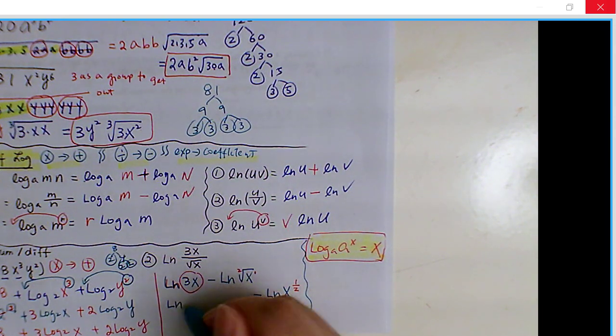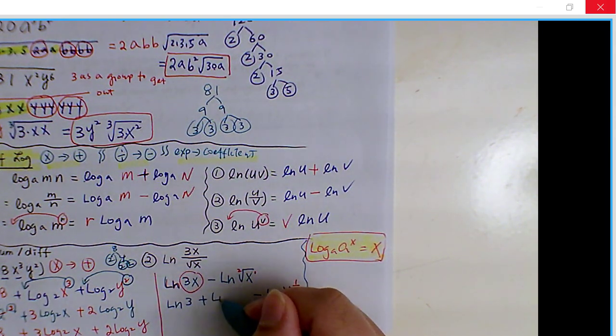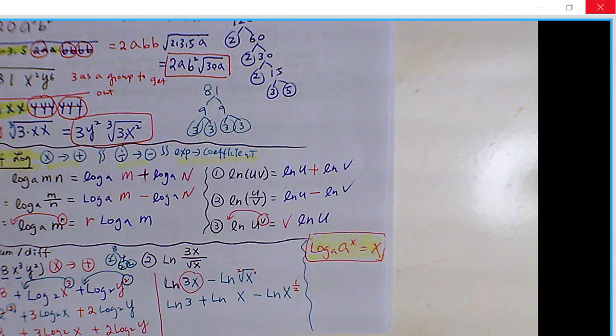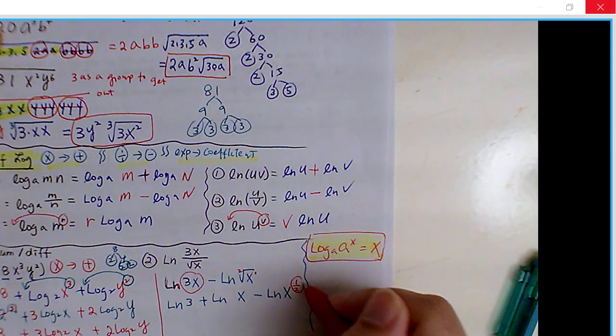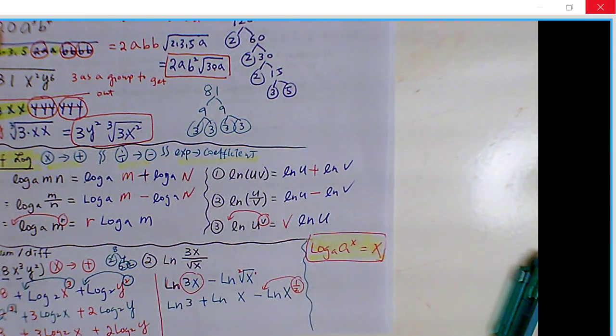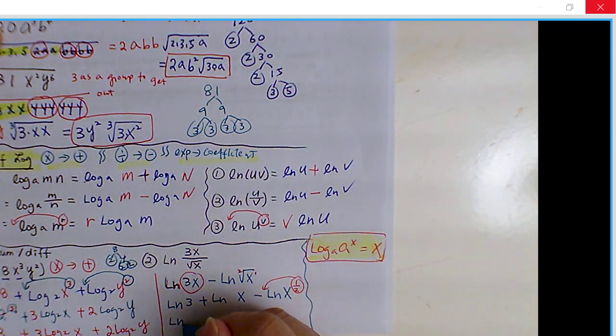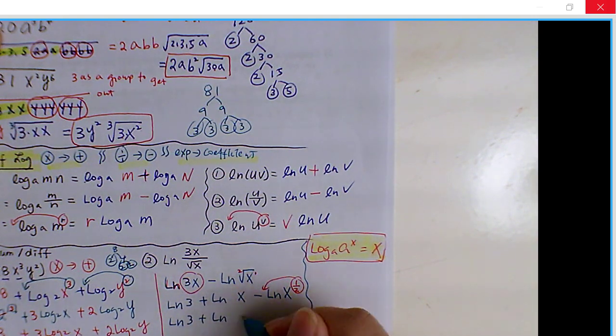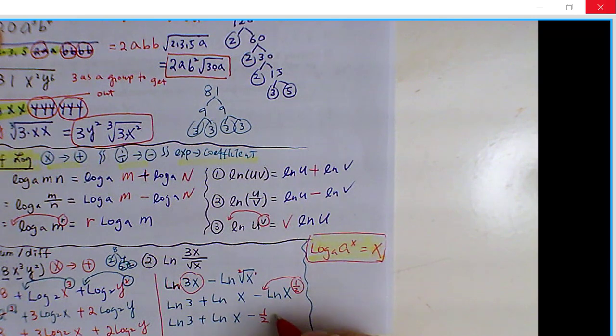So this is ln of 3 plus ln of x, subtracting that. So the final part is that exponents will turn into a coefficient here. So we're going to have ln 3 plus ln x minus 1/2 ln of x.